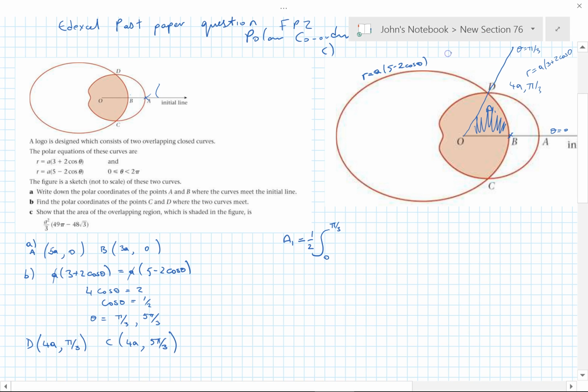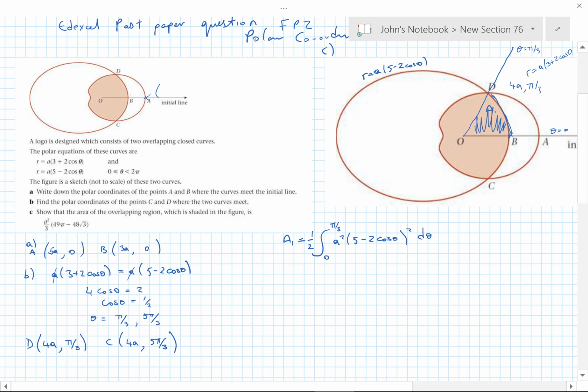Actually, I might have already made a mistake in what I've just said, but ignore it if I did. This is this curve here. So that's a squared (5 - 2 cos theta) squared d theta.